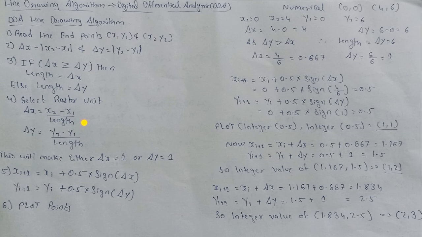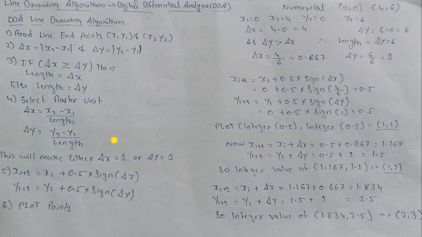If we get 0.1 to 0.4, we take it as 0. Similarly, from 1.1 to 1.4 we take it as 1, and from 1.5 to 1.9 we take it as 2. So this is the approximation.